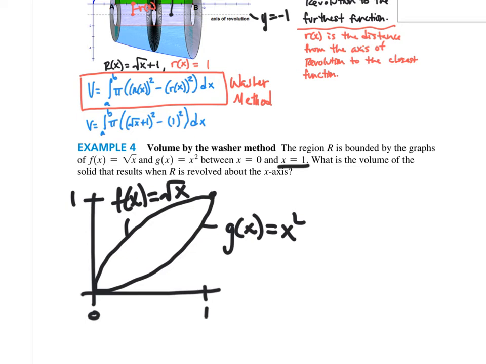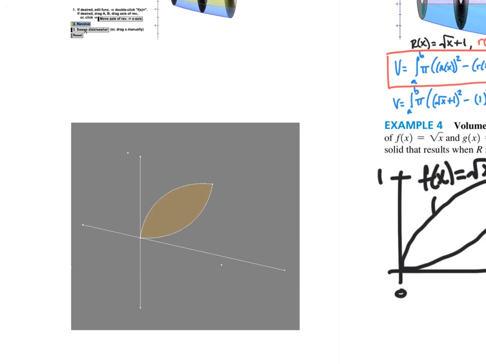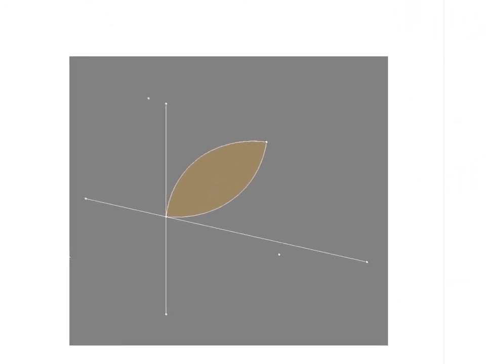Now, we are going to revolve this around the x-axis. And I want to show you guys what that figure is going to kind of look like. It's kind of a weird shape, but I'm going to show you this animation real quick.